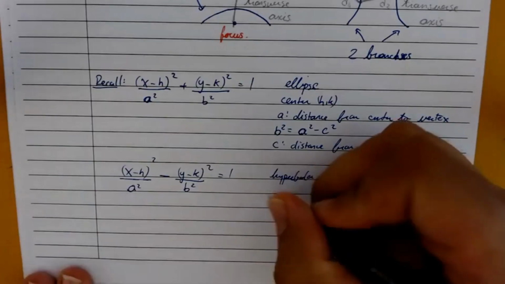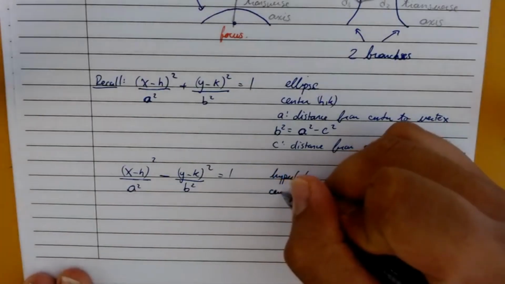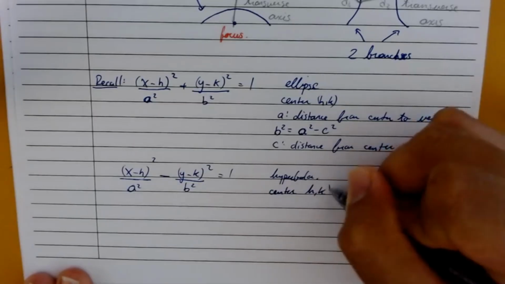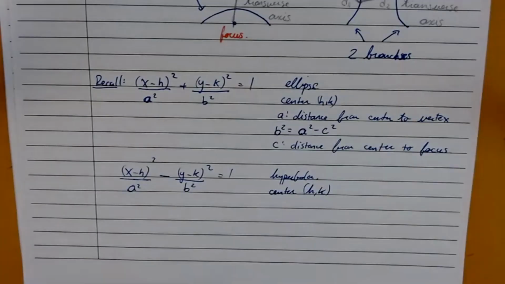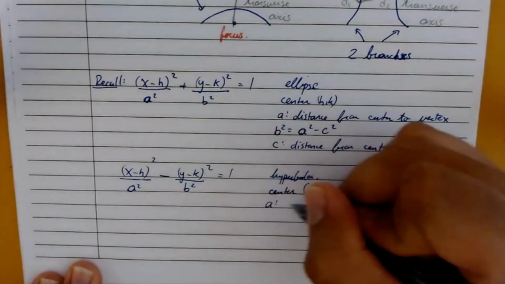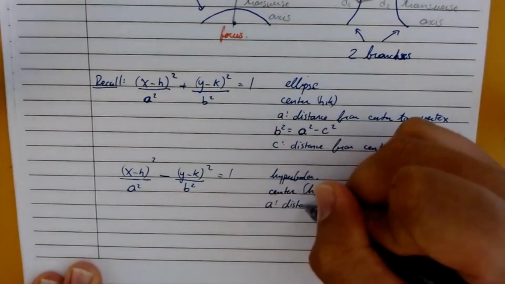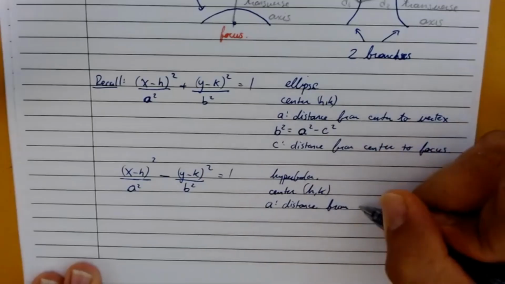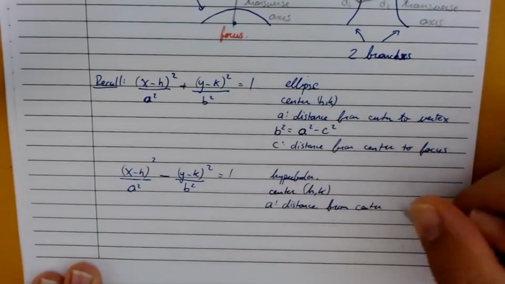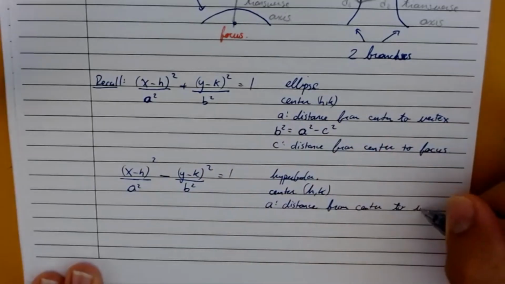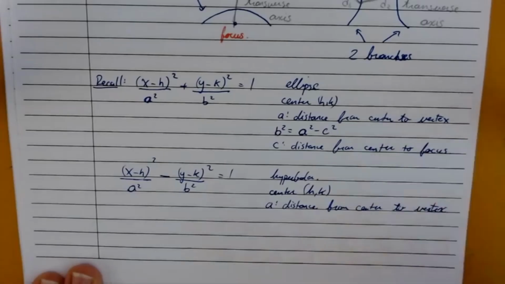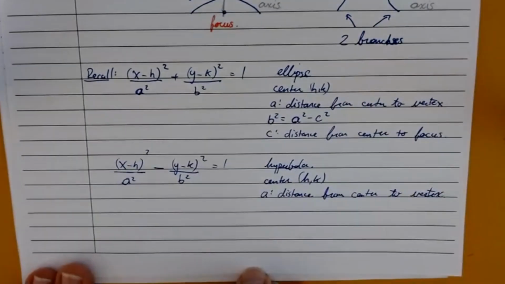Here, our center will be at h, k. Just like with an ellipse, a is the distance from the center to a vertex, and again, it doesn't matter which one because it's symmetric around the center. You go one way, you'll get to one vertex. You go the other way, you get to another vertex.